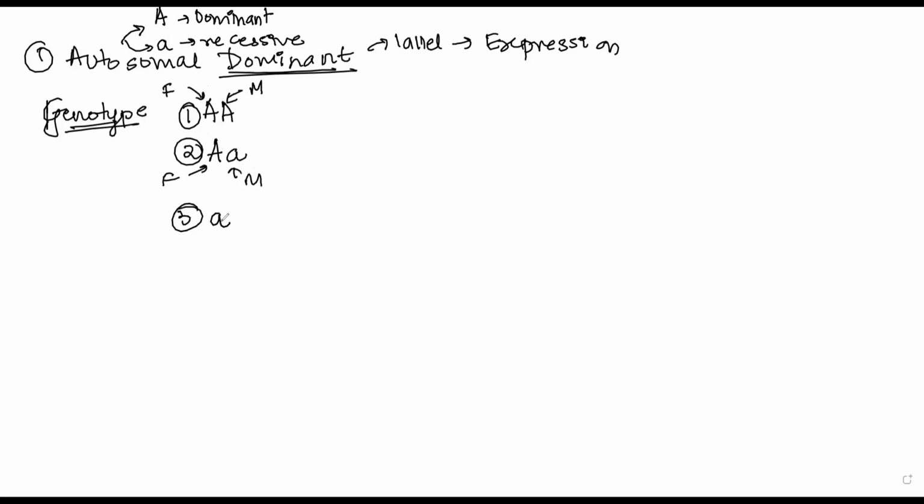That the father gives a small a and the mother is giving the capital A here. And in the fourth possibility, father as well as mother both give you the small a. So there are four possibilities, right? Capital A capital A, capital A small a, capital A small a, and small a small a.